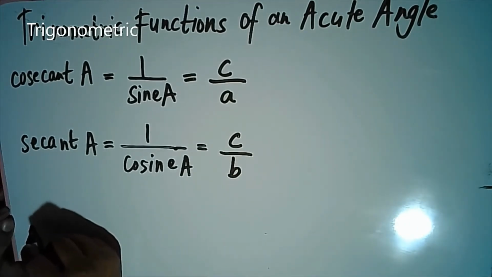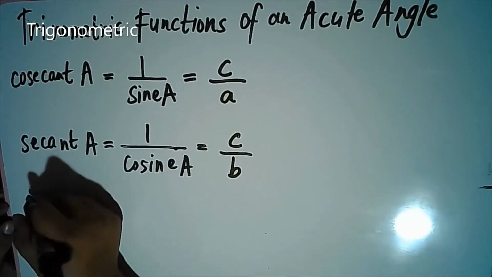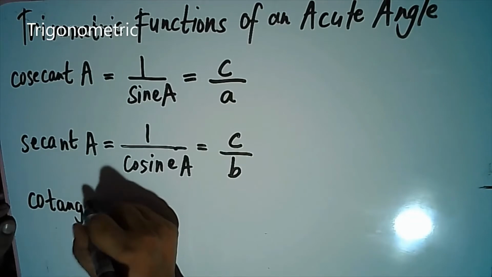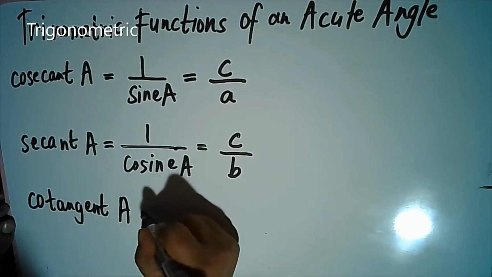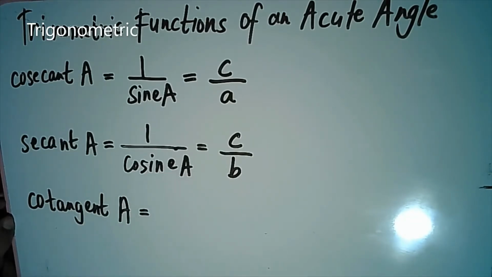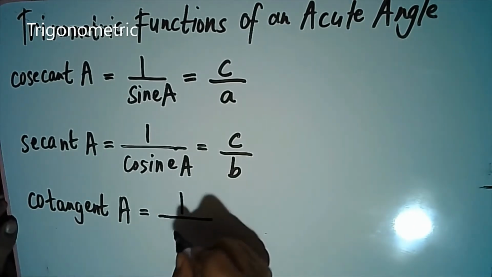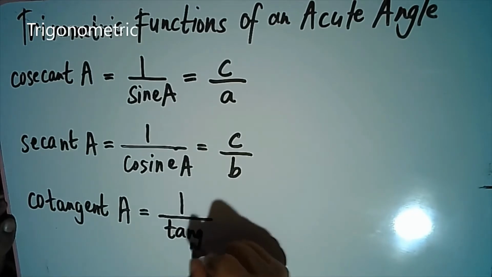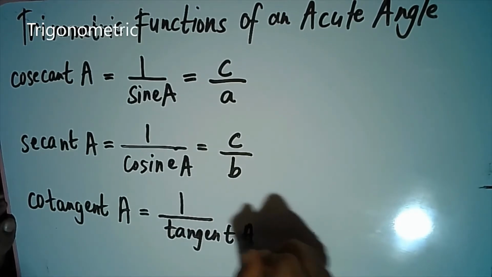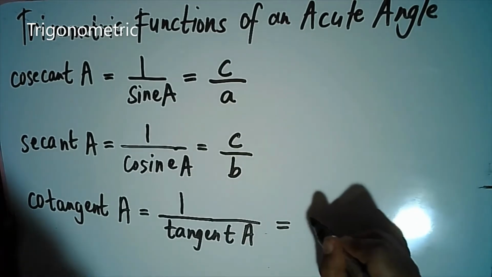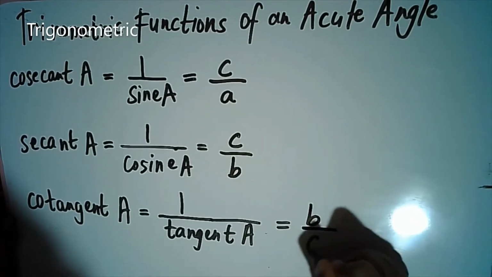And then the last trigonometric function is the cotangent A, which is equivalent to the reciprocal of tangent A. So that is 1 over tangent A. Tangent A is equal to a over b, so the cotangent A would be equal to b over a.